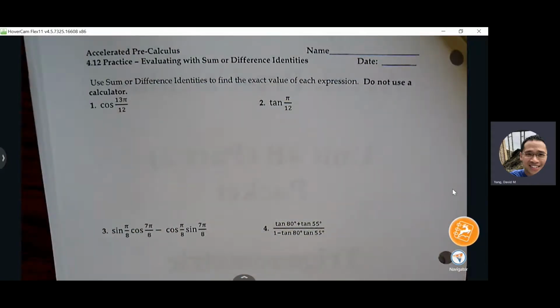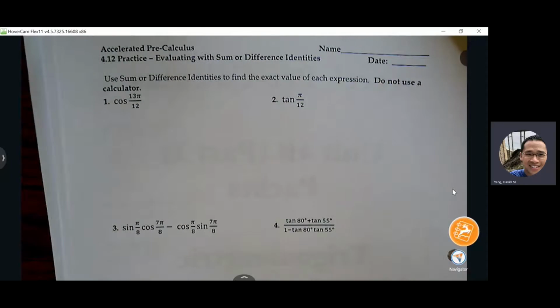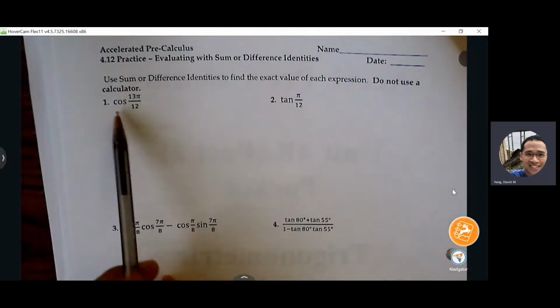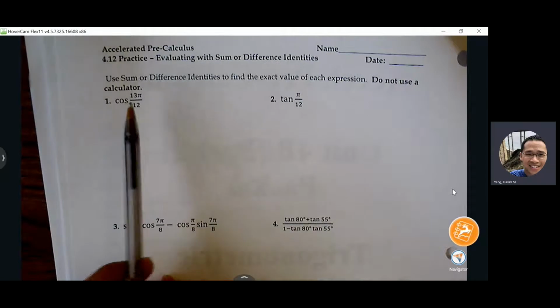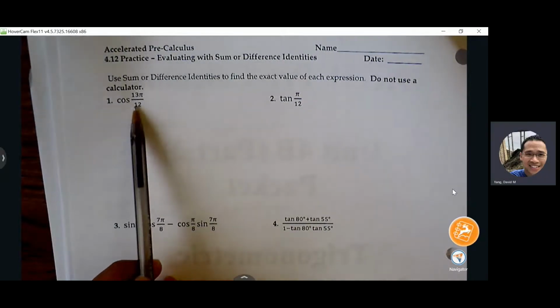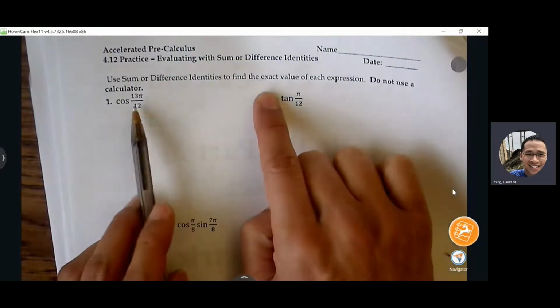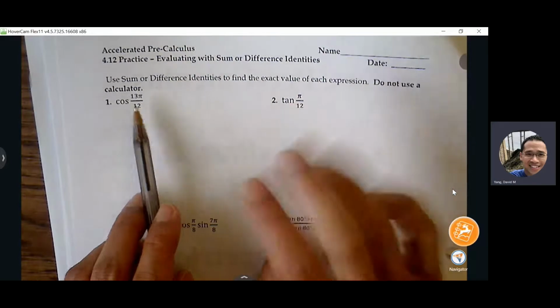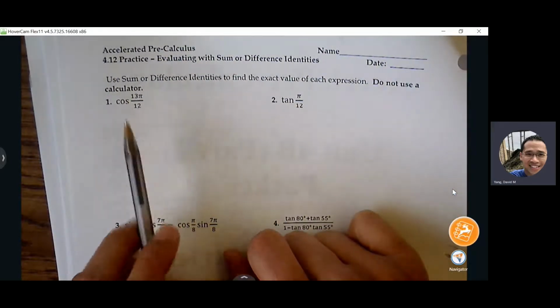However, we want to use values that are more accessible, measures or radian measures that show up on the unit circle. So we know that we don't really recognize 13π/12, right? But maybe we can think of two angles that add up to be 13π/12 that are measures that we recognize.